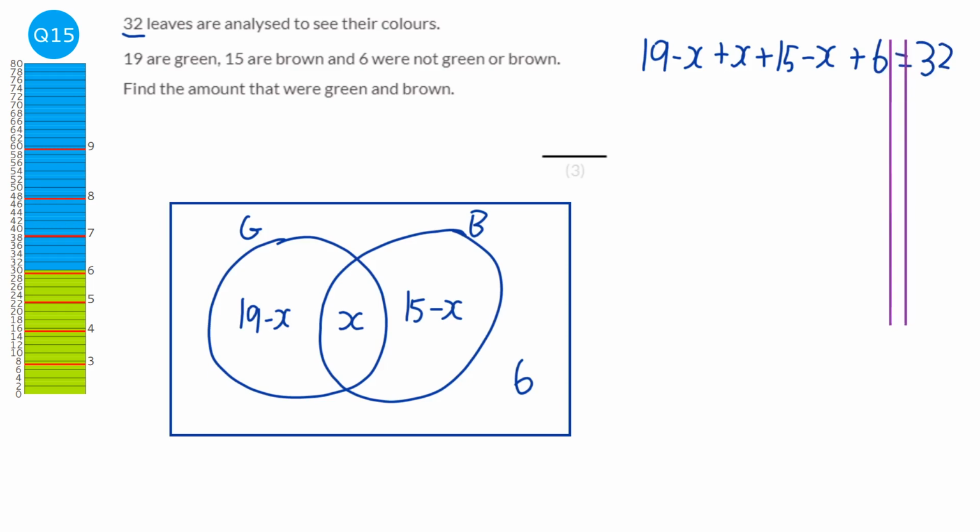And let's get our solving lines in. So we've got minus X and minus X, so that's a minus X. And we've got 19 plus 15 plus 6, which will be 40, equals 32. We're going to take away the 40 both sides.